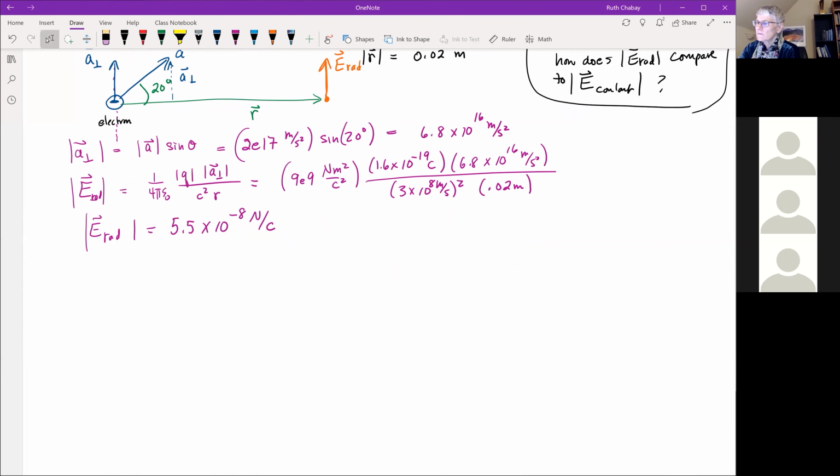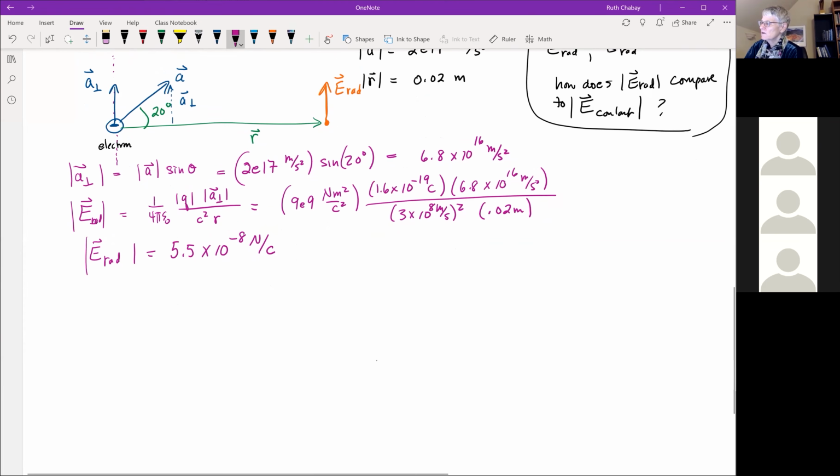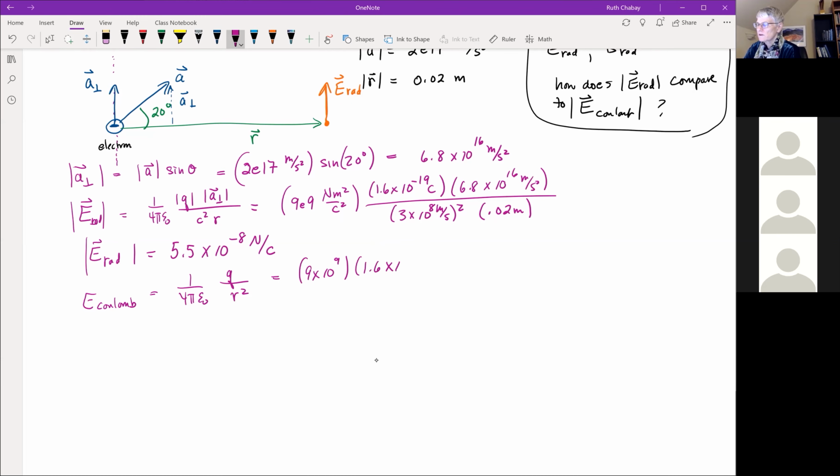And now let's calculate just the ordinary Coulomb electric field, which is just going to be our 1 over 4 pi epsilon 0 q over r squared. So that's 9 times 10 to the 9th times 1.6 times 10 to the minus 19 divided by 0.02 meters squared.